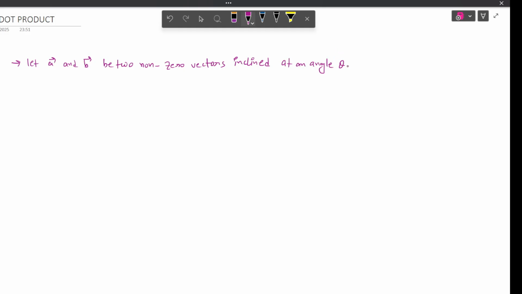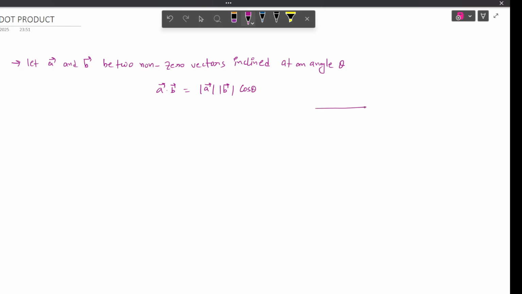Then the scalar dot product a dot b is defined as mod of a, that is the magnitude of a vector, into mod of b vector into cosine of the angle between them.